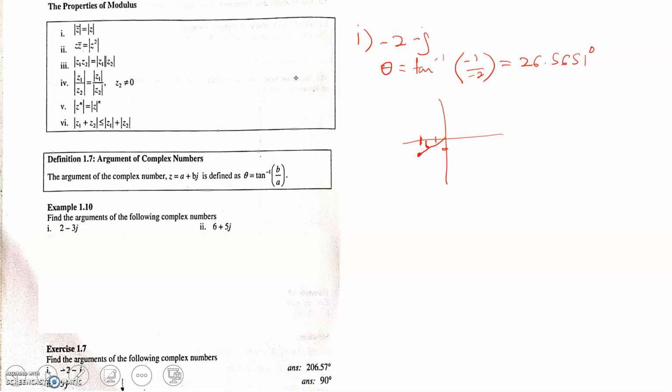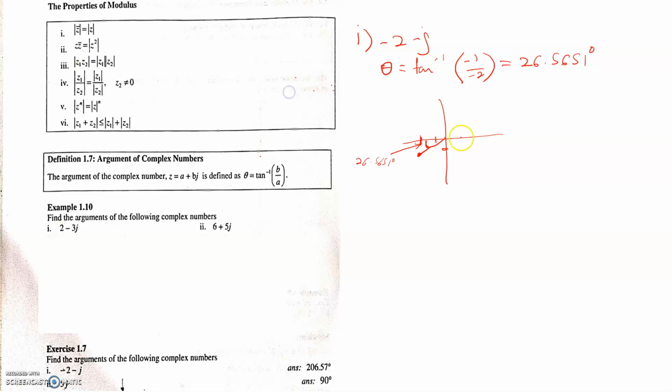It should be less than it. So if you put this as the argument, it might be wrong. So it is actually at this area. Okay, so this is 26.5651 degrees.